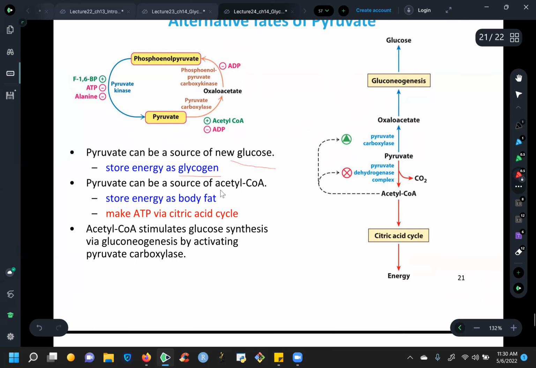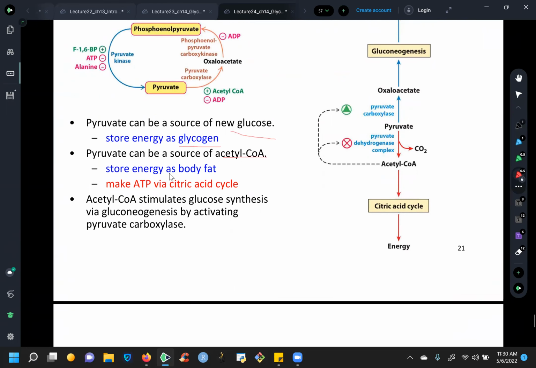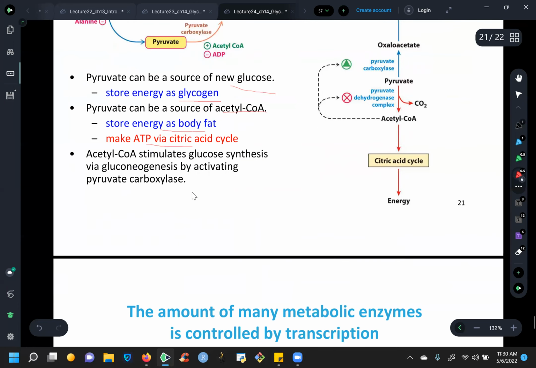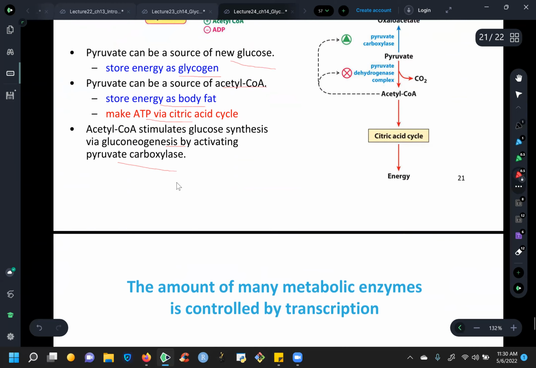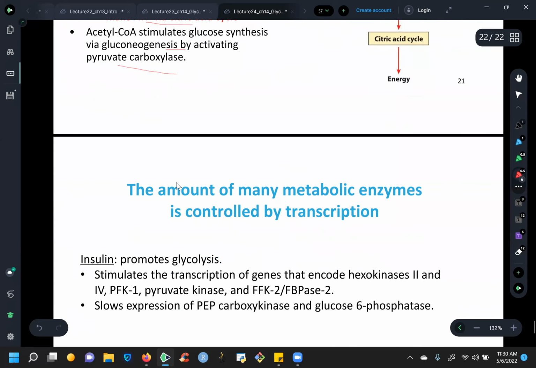Pyruvate can be a source of acetyl coenzyme A. Yeah, you can go into the citric acid cycle. You can store energy as body fat, or you can make ATP via the citric acid cycle. Acetyl coenzyme A stimulates glucose synthesis via gluconeogenesis by activating pyruvate carboxylase. So yeah, it just depends on which enzyme is being activated.